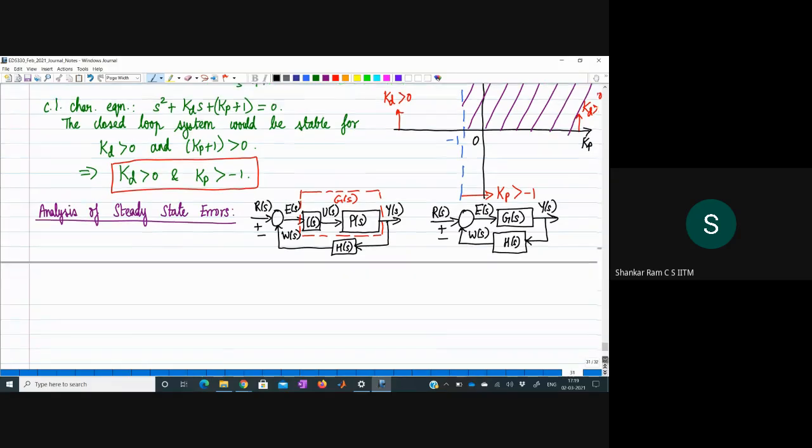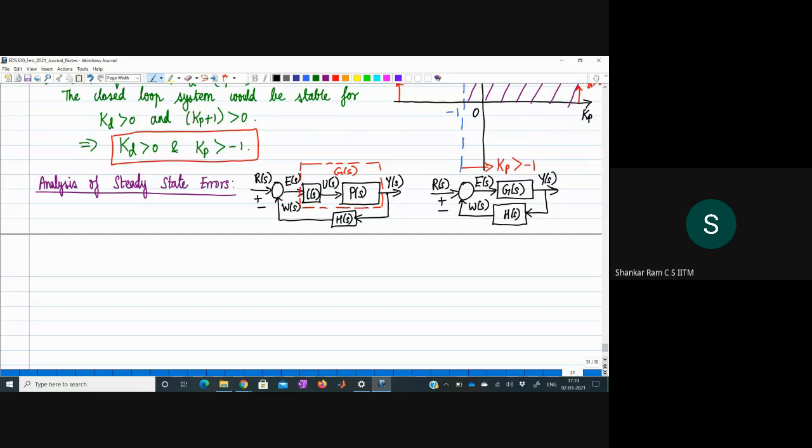This is another way of drawing the same block diagram. As we already know, we have calculated the closed loop transfer function, and we have looked at how to analyze the closed loop stability by looking at the closed loop characteristic equation. We also see what the open loop transfer function is, and so on.